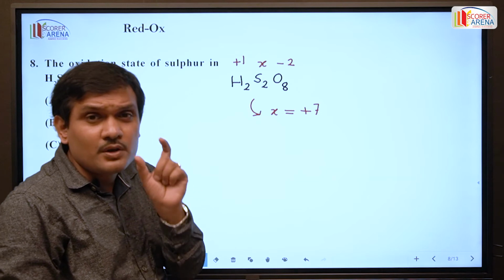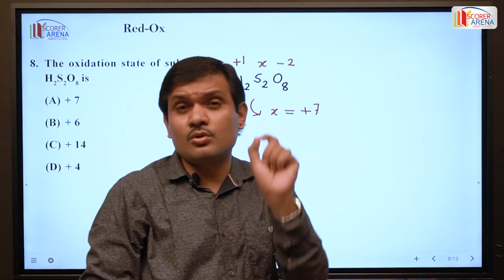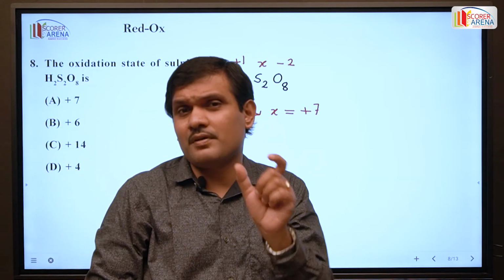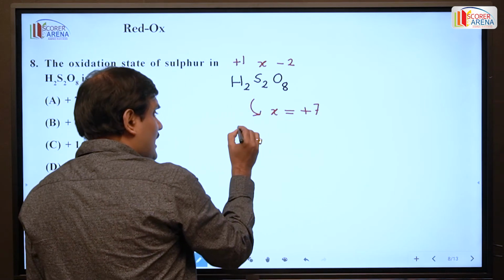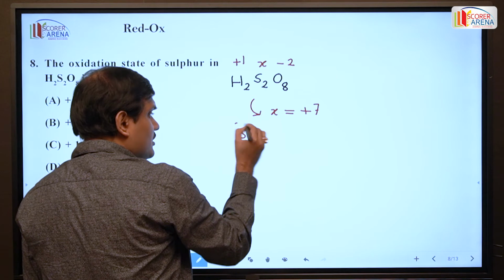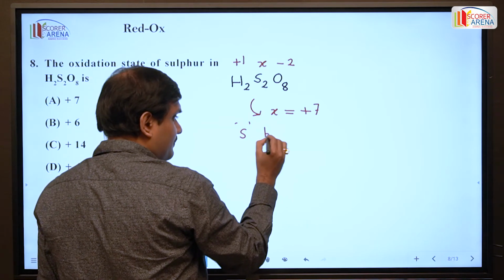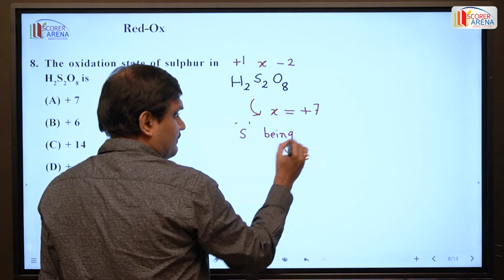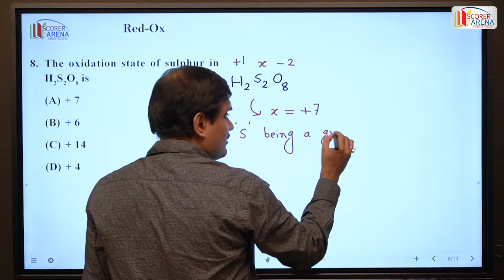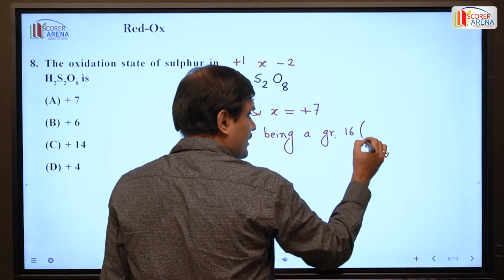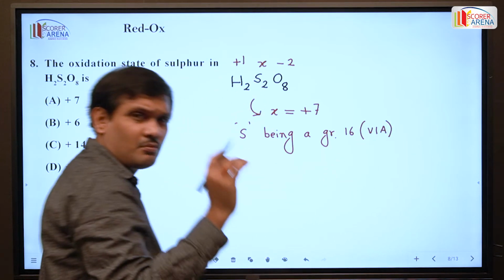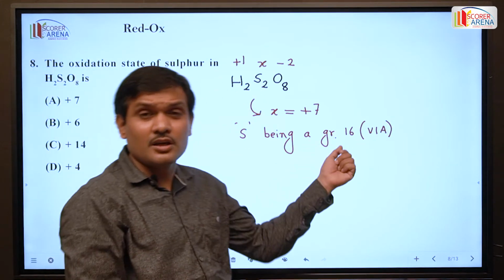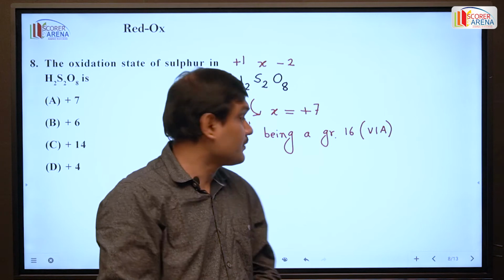Sulfur is a group 16 element, or group 6A in the older notation; group 16 is the modern long form of the periodic table.